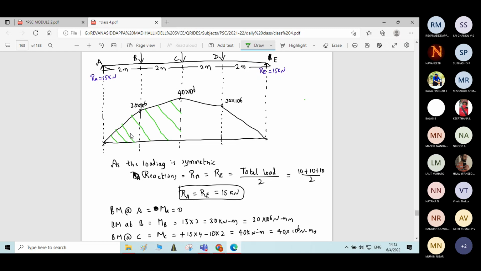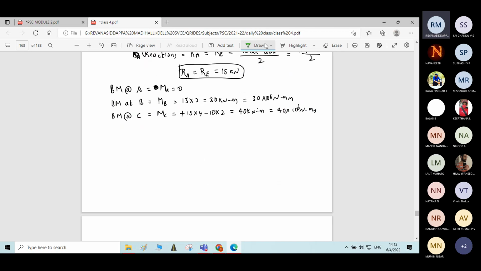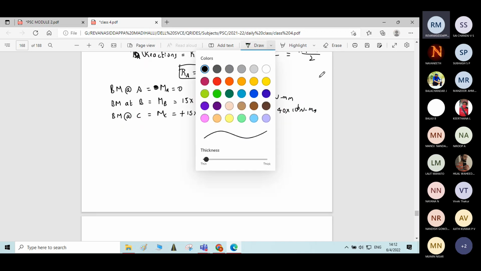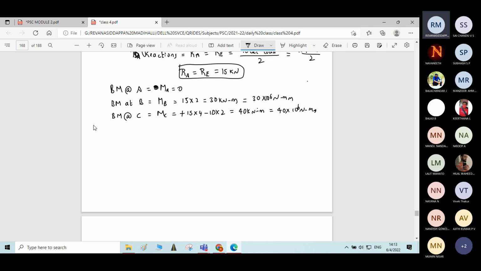Now by utilizing this generalized formula, we are finding delta due to live load. Deflection due to live load is equal to area into x bar divided by EC into Ix. Using this formula we have to find the deflection.